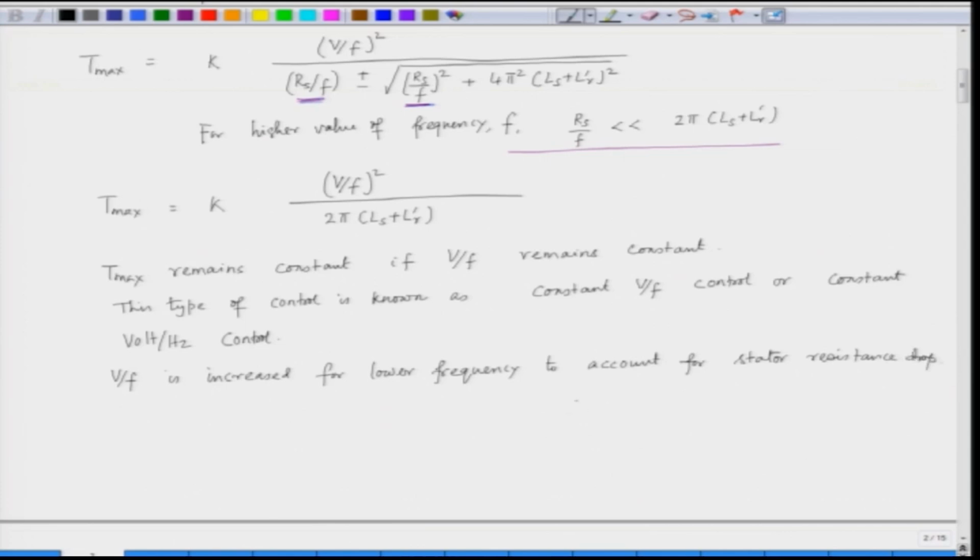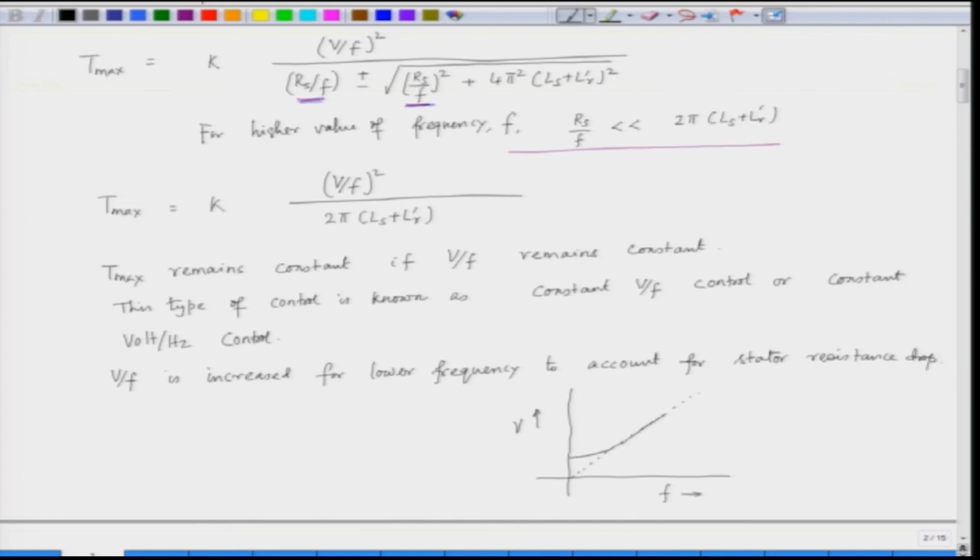So, let us try to see what is the characteristic that we have. On one side we have the voltage, on the other side we have the frequency. We are keeping V by f constant, so ideally we will be moving in a straight line passing through the origin, but however at low frequency we increase V by f to account for the stator resistance drop.